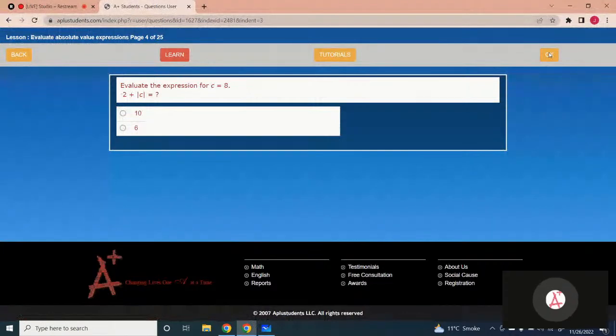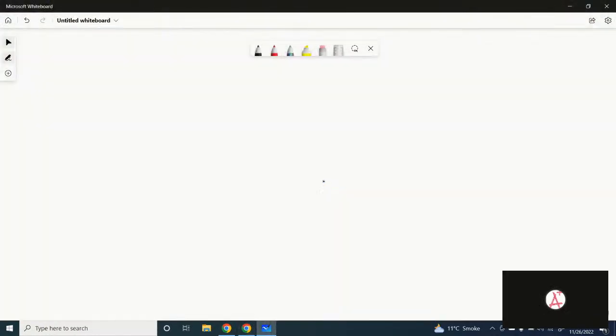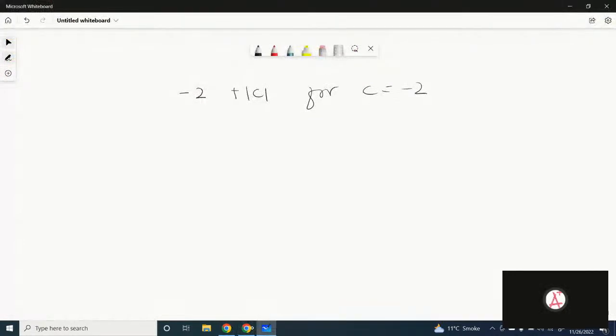Okay, the next one is c equals 8 and negative 2 plus the absolute value of c. Negative 2 plus the absolute value of c, and let me check, c equals 8, not negative.